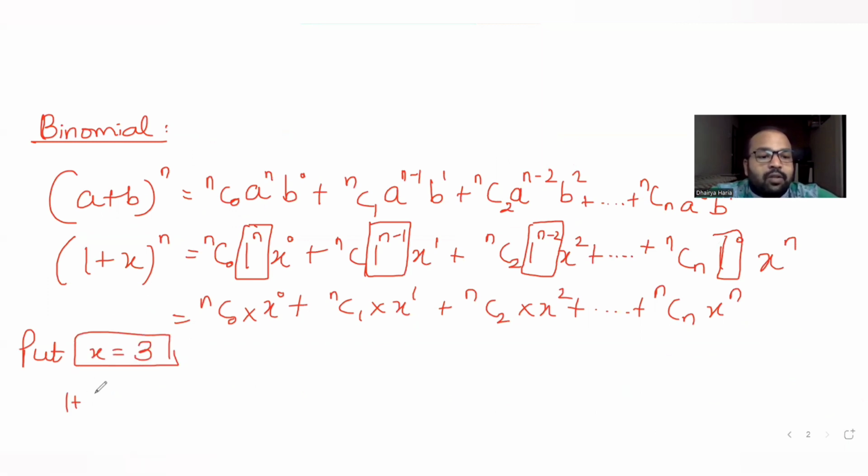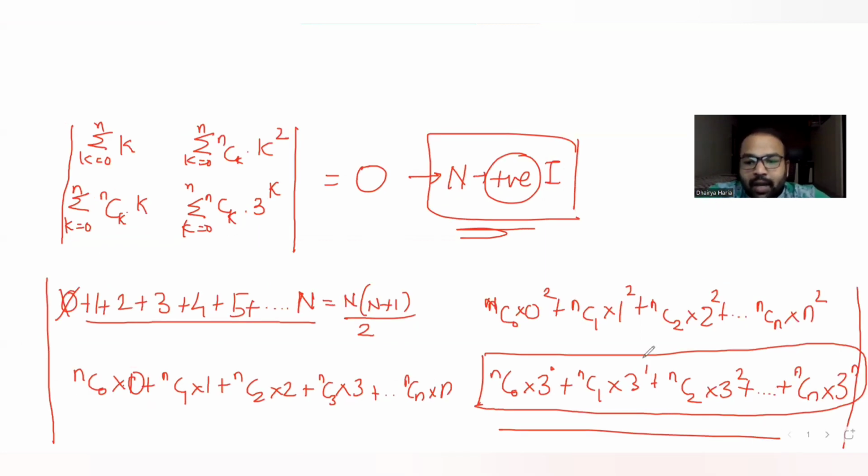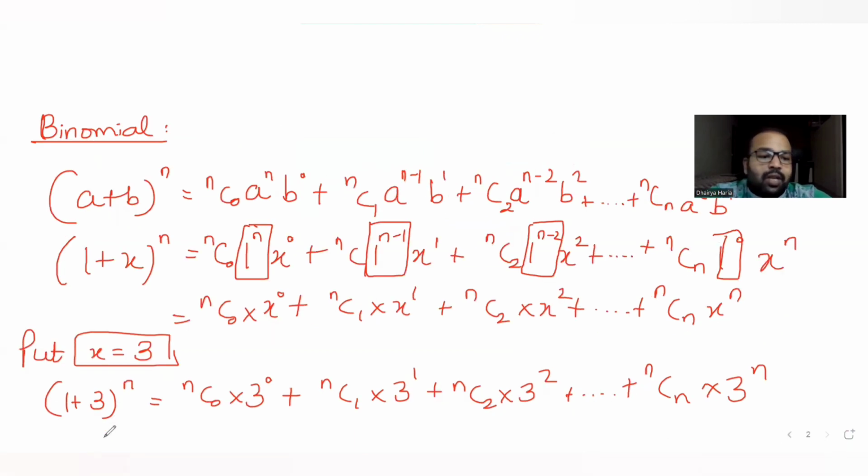What do I get? (1 plus 3) raised to n equals nC0 3 raised to 0, nC1 3 raised to 1, nC2 3 square, and this goes on till nCn 3 raised to n. So this entire thing I can write equal to 4 raised to n, because 1 plus 3 is 4.